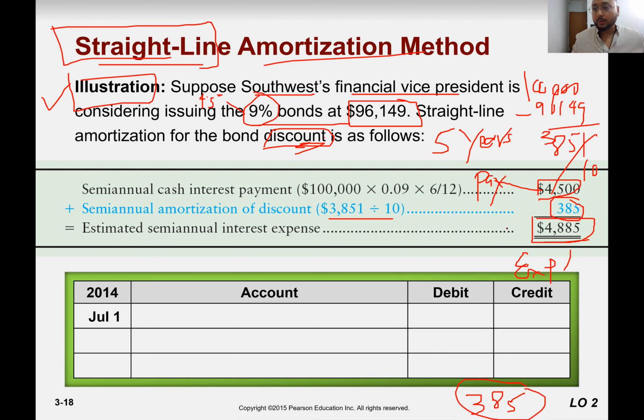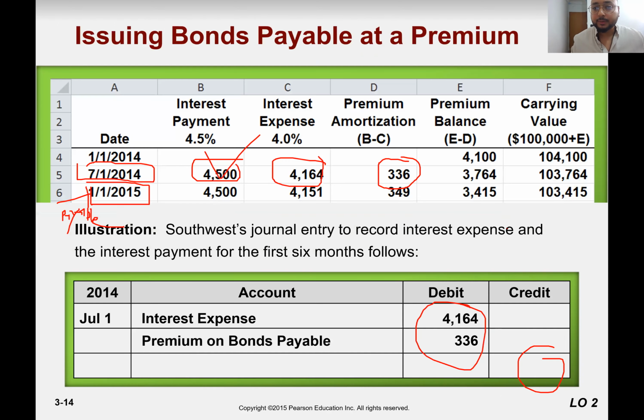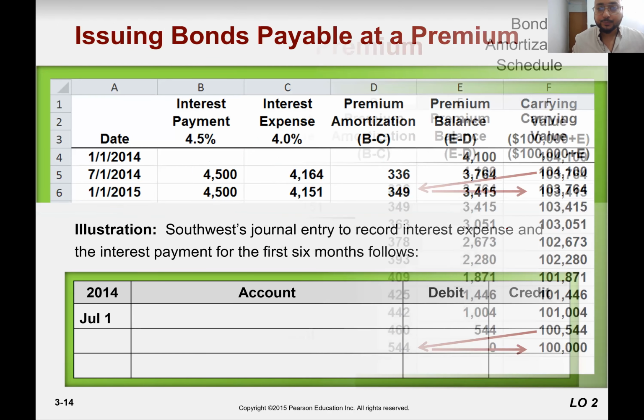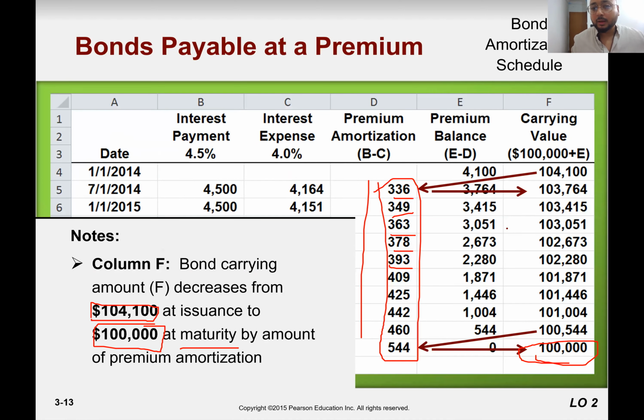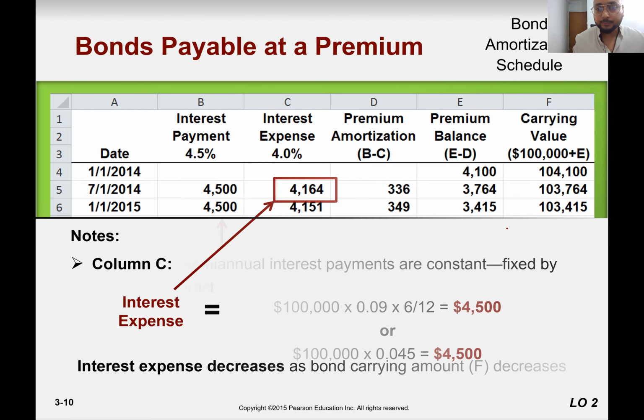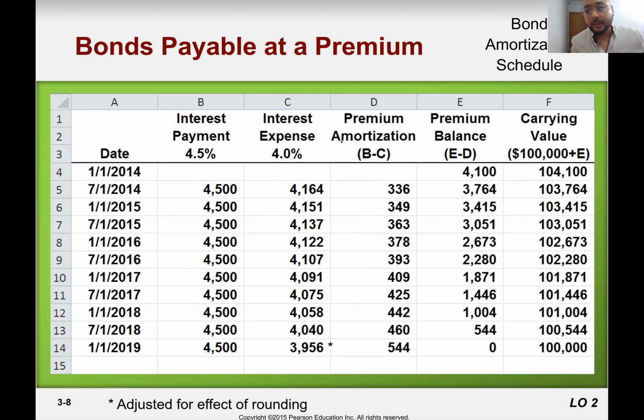So if you look at our amortization table of premium here, you see the interest expense is changing. This is a case of premium. If we are applying it through the straight line method, whether discount or premium, this would be the same, like here 4,500, 4,500, 4,500.